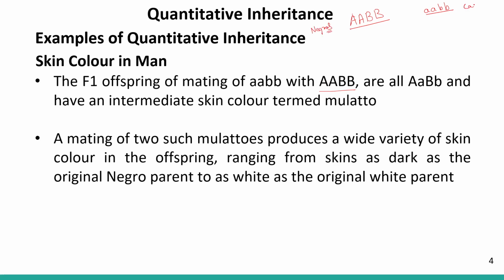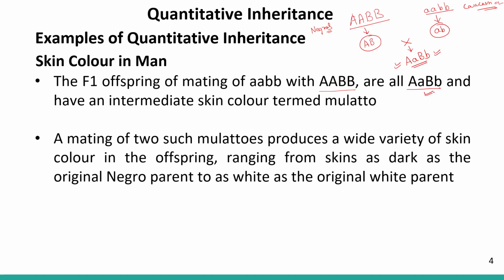They produce a single type of gamete, capital A, capital B, and the Caucasian will produce a gamete of small a, small b type. Now when there is fertilization, all will be capital A, small a, capital B, small b type.